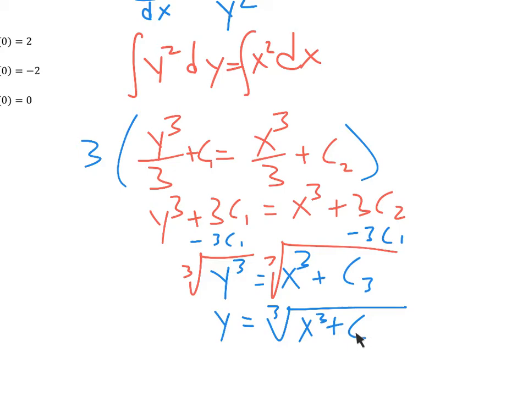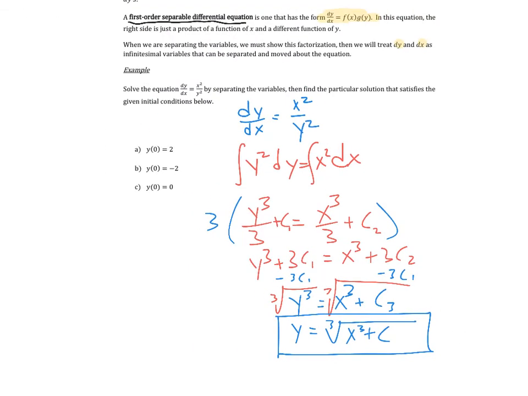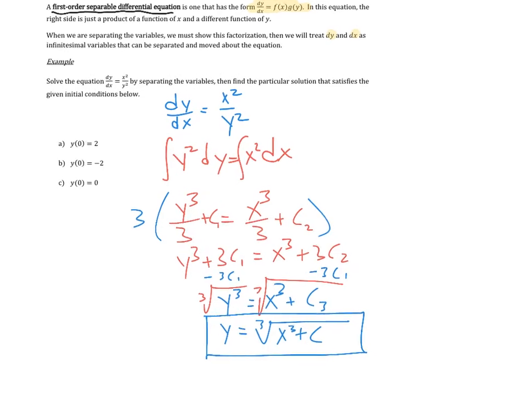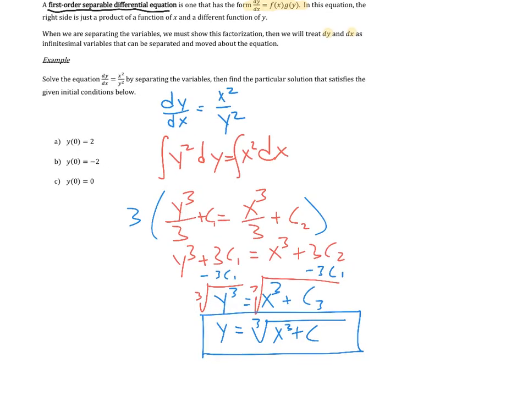Now, what's important is that it is inside. That's going to be important. It's not always going to end up out here, like we're kind of used to seeing in some of the stuff we've done. All right, so y equals the cube root of x cubed plus c.